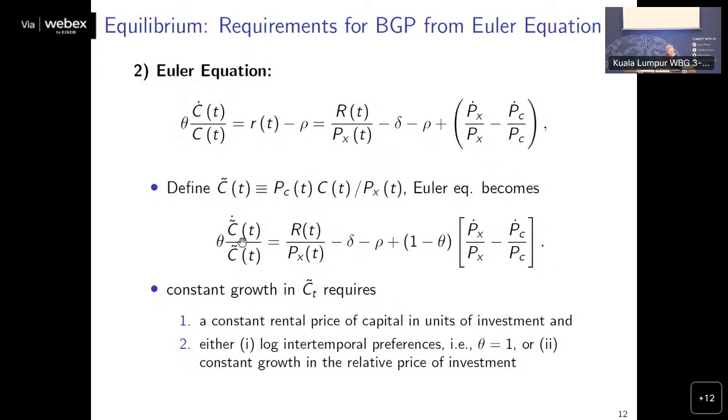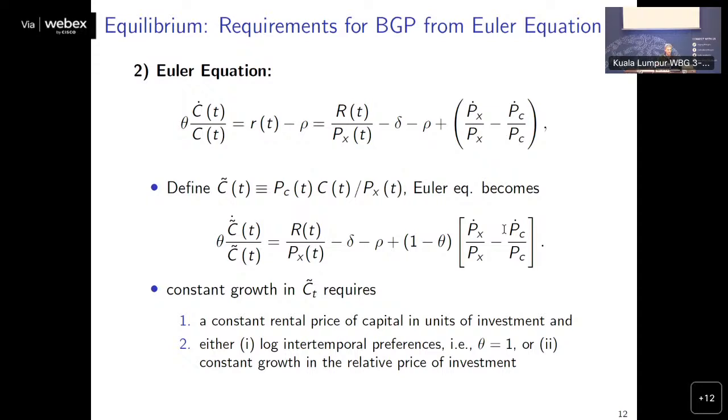Now, if I want this to be constant, I can see what needs to be constant. I need the rental rate in units of the investment good to be constant. That's the first thing. And the second thing I need, generally, is that I either need log preferences, which is what EAPCE assumed, or I need the growth rate of the relative price of investment to be constant.